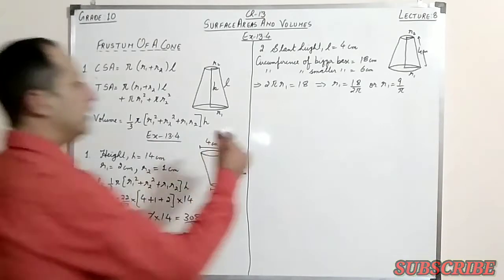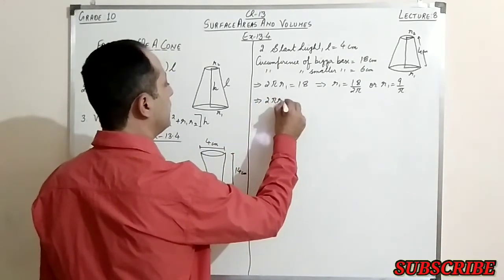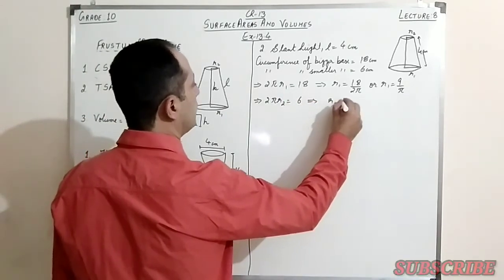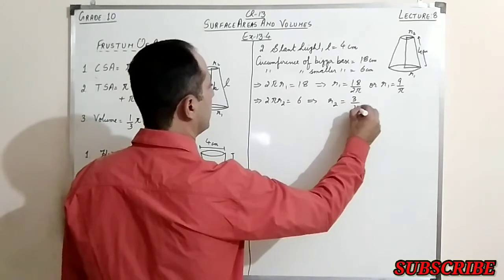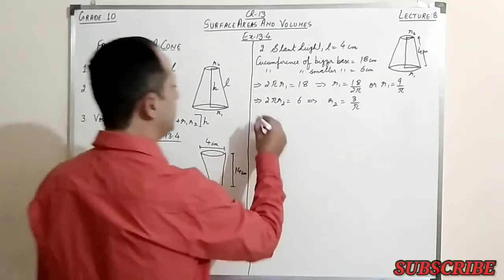Right? Similarly, 2 pi r2 equals 6. This means r2 will be 3 by pi. See, I am not substituting the value of pi because pi later on gets cancelled. So I just substitute the values in the curved surface area.